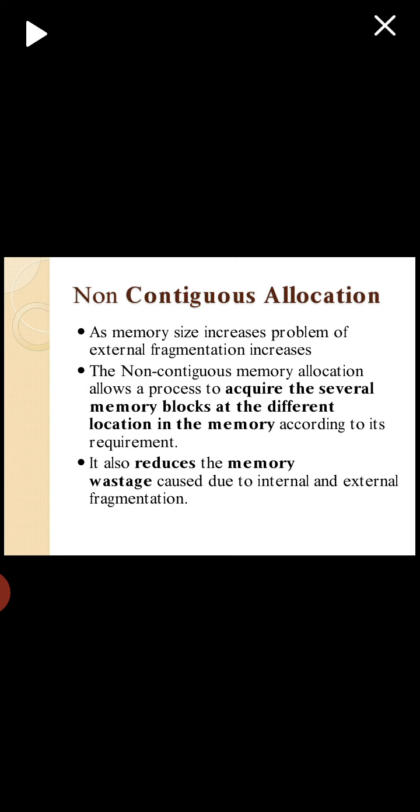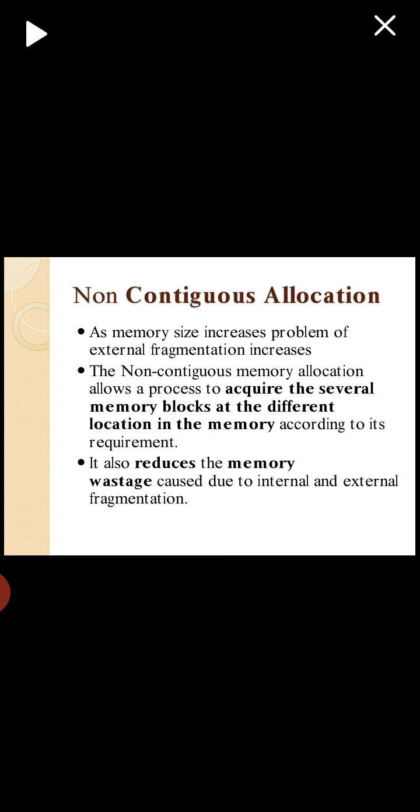Now the next point is non-contiguous allocation. As memory size increases, the problem of external fragmentation increases. So non-contiguous memory allocation allows a process to acquire several memory blocks at different locations in memory according to its requirement.